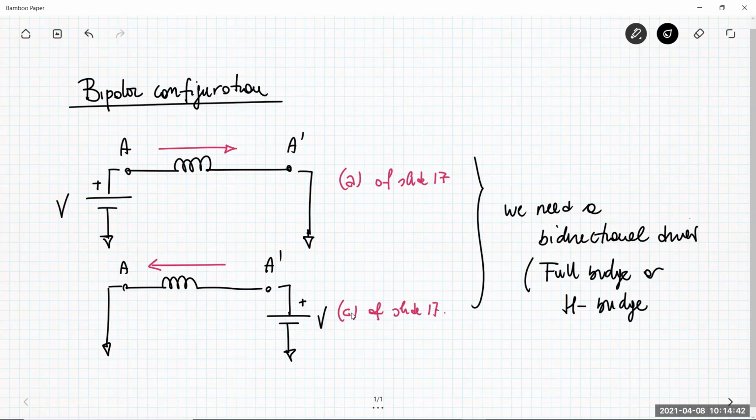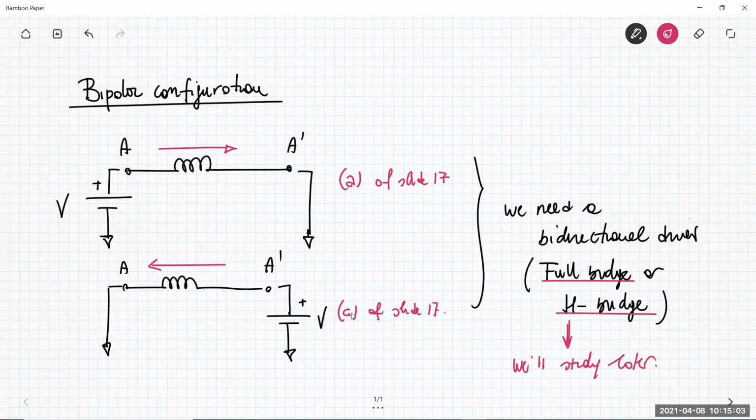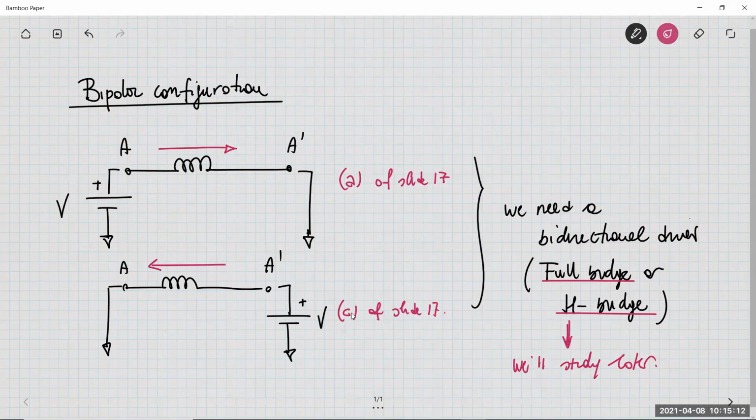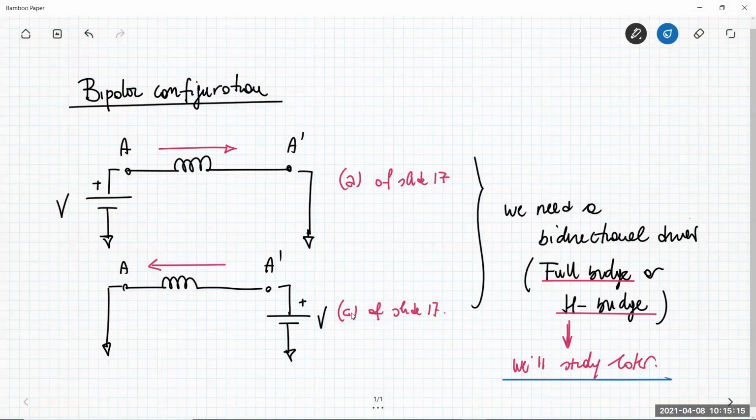They are the same. Sometimes you can find full bridge, sometimes H bridge. This is something that we can study later in this course. So we will see how to get this behavior that I simplified with this battery V and the short, using the full bridge or H bridge, but this is a topic that we discuss later on in this course.